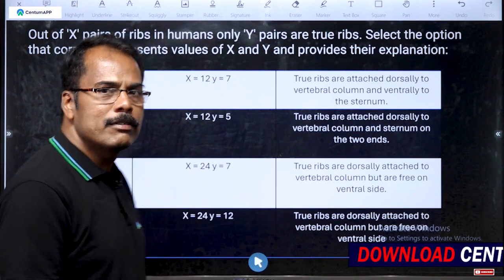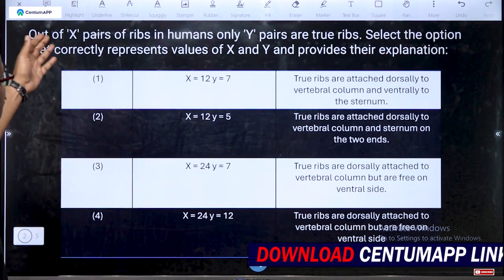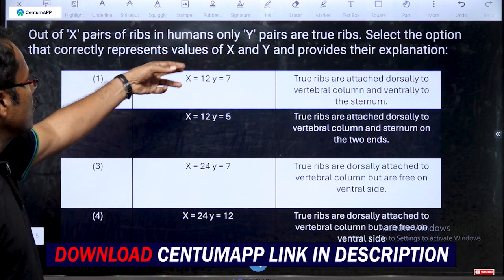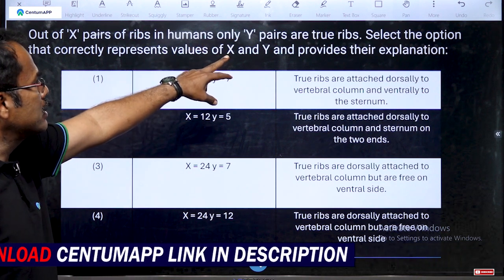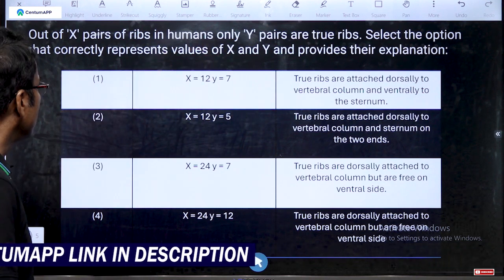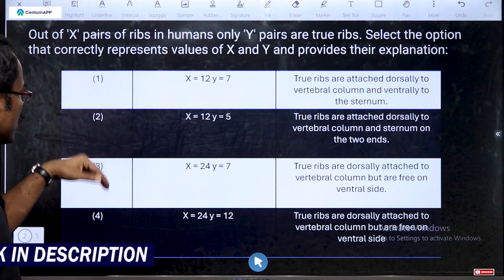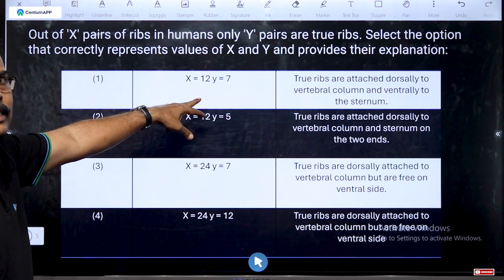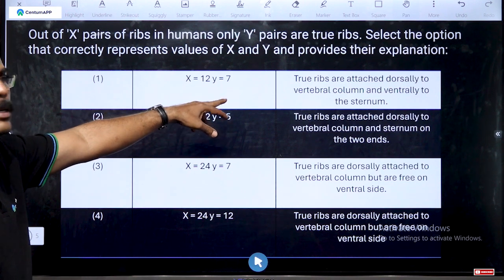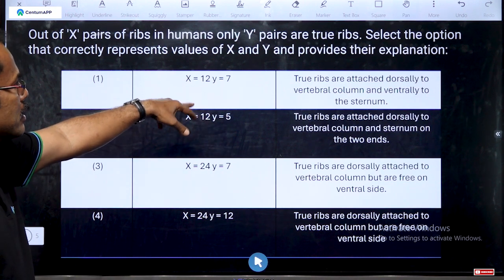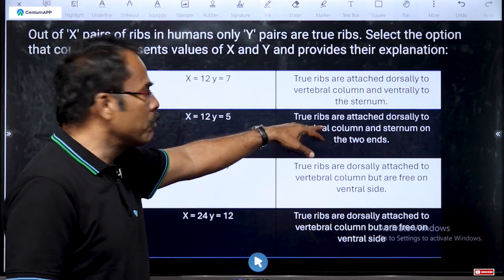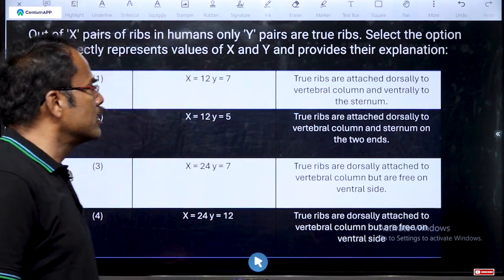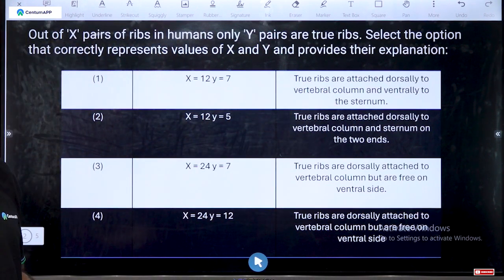Here they have given X and Y. X pairs means the number of pairs, and Y pairs refers to the true ribs. Here they have given 4 options. Option 1: X equal to 12 and Y equal to 7, that is also 7 pairs. And see, true ribs are attached dorsally to the vertebral column and ventrally to the sternum.